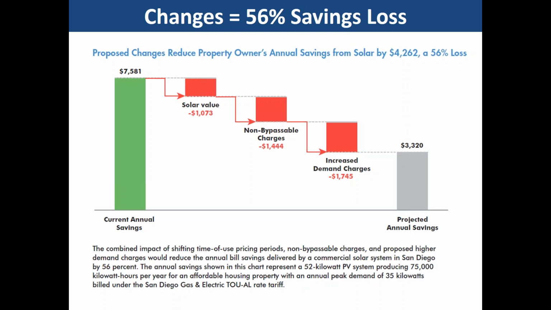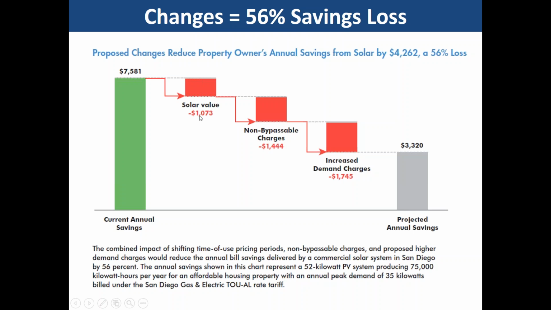This graph here on the left side, you can see is what the current annual savings are for the system that we looked at. It's about a 52 kilowatt PV system for this affordable housing property. And the projected savings under the current rates, without any of the changes that I discussed, those three change areas, it's about $7,500 per year in return.